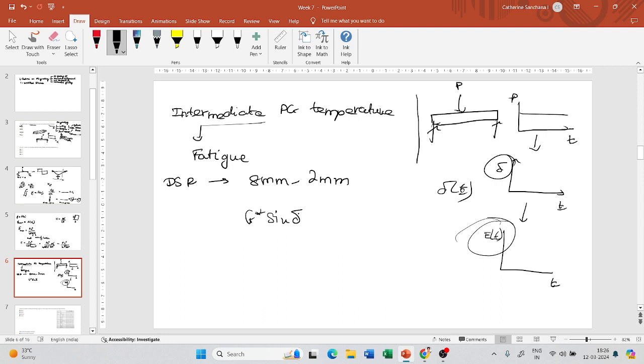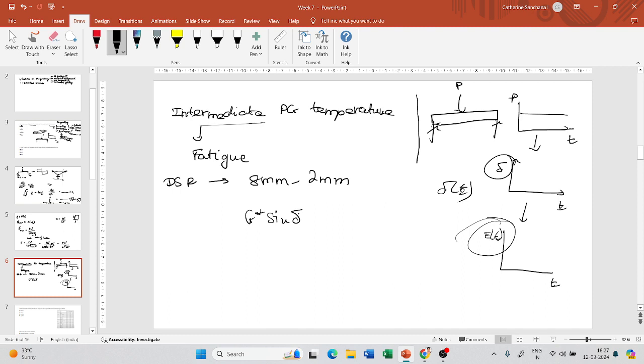Based on the earlier lectures and earlier tutorial sessions, you should know that fatigue cracking occurs because the material is very stiff. So in order to limit the fatigue cracking, your material has to be sufficiently soft.